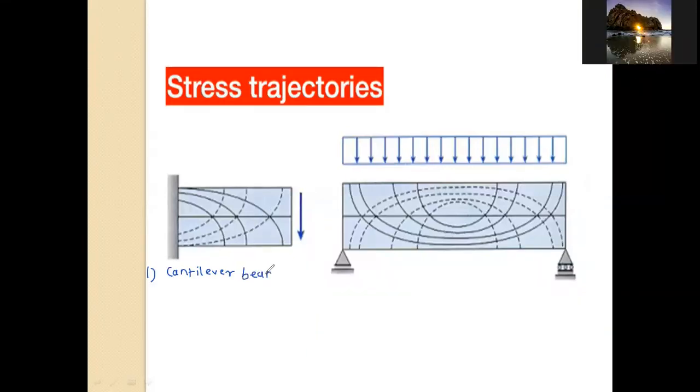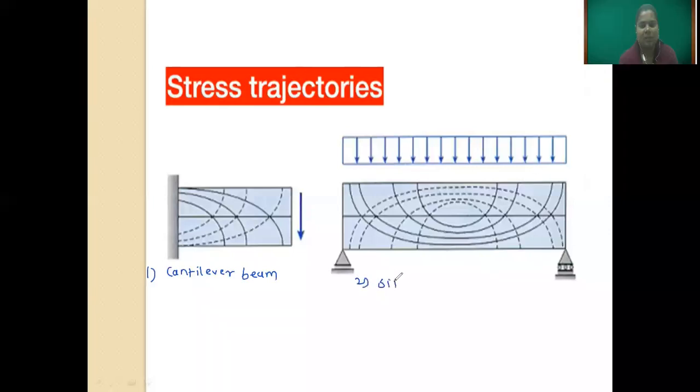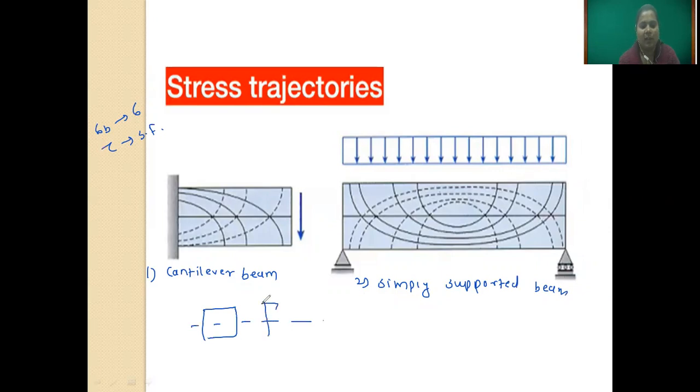Yes, this is cantilever beam and this is simply supported beam. So already all of you know that bending stresses will come from normal stress, sigma, and shear stresses will come from shear force. So we have learned the stress distribution diagram. This is the stress distribution diagram for bending stress and this is for shear stress.